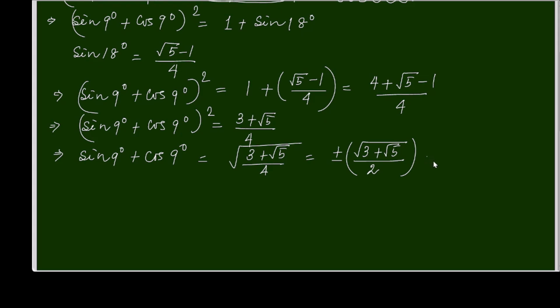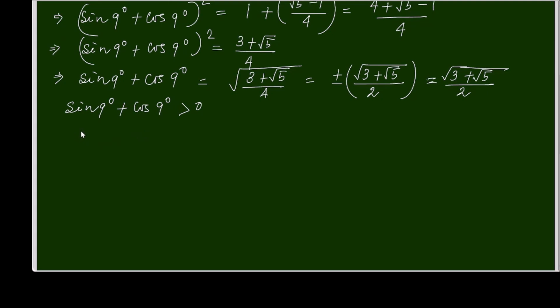So I can write this is equal to root of (3 plus root 5) over 2, since sine 9 degree plus cos 9 degree is greater than 0.